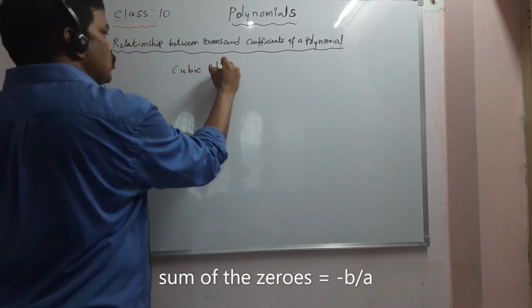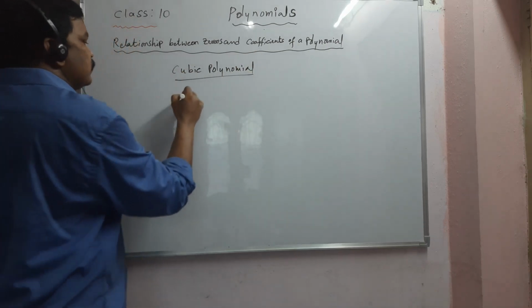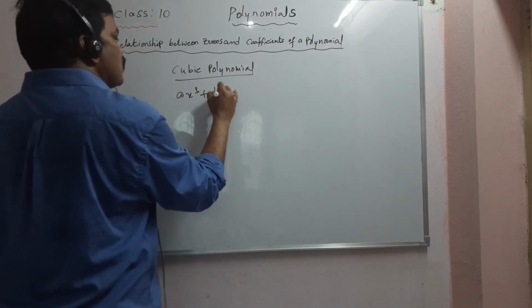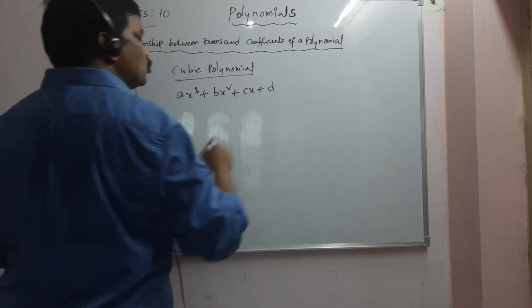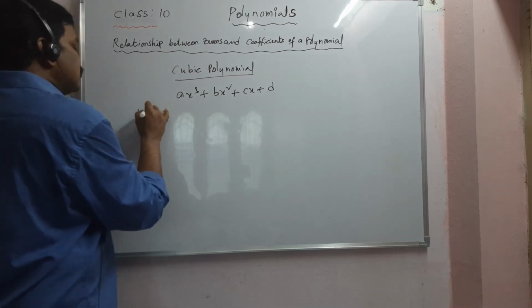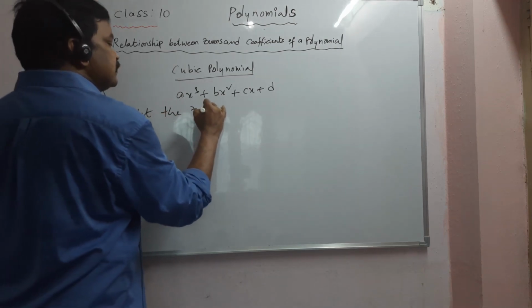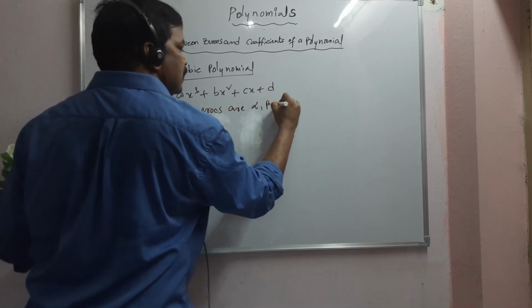Cubic polynomial means the degree is 3, and the general form of a cubic polynomial is ax cube plus bx square plus cx plus d. Let the zeros be alpha, beta and gamma.